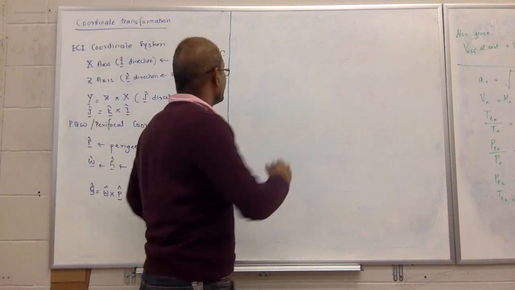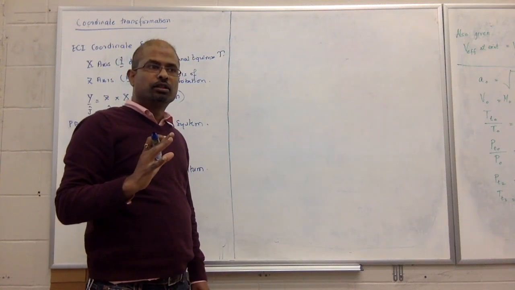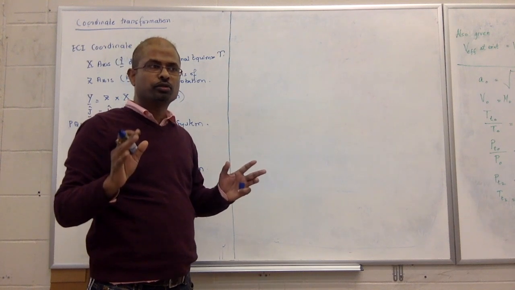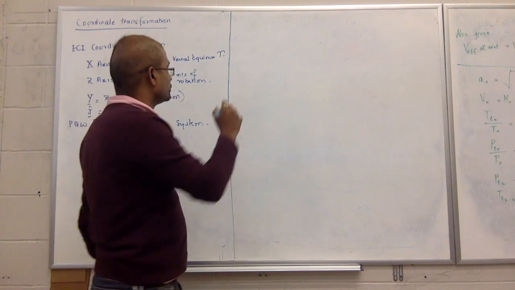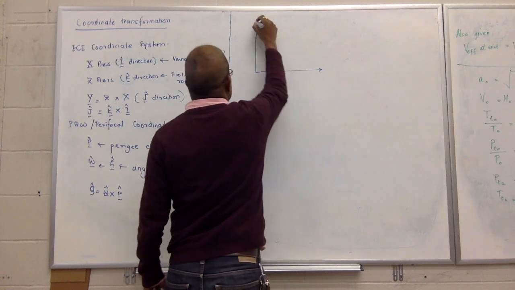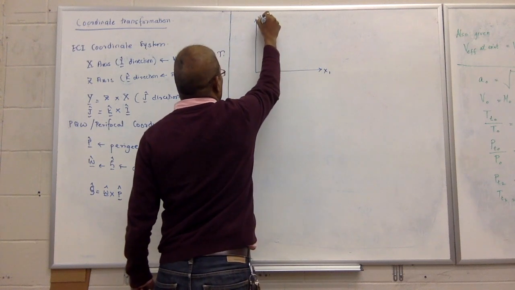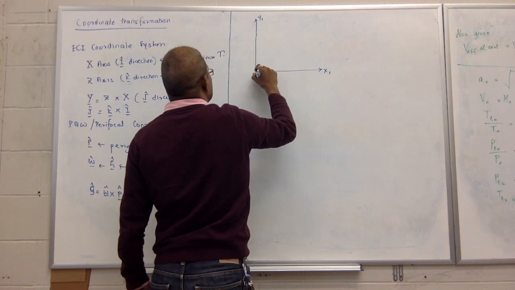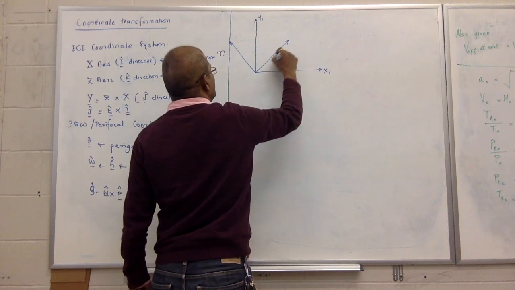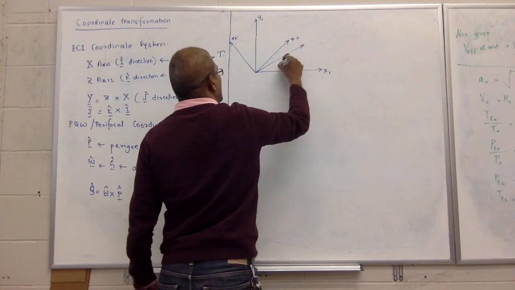If you have, I'm just going to use two dimensions. We'll scope this discussion to two dimensions, and I'll tell you how to do this. So you have this as, let's say, x1, y1, and this is x2, y2, and this is some vector r.